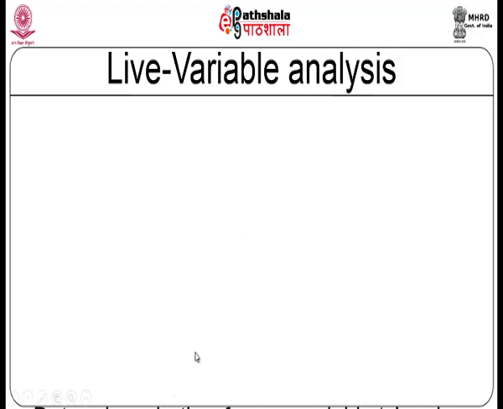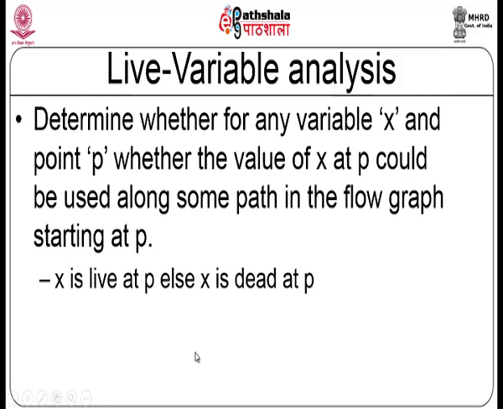The next one is live variable analysis, where we have to find out whether for any variable x and point P, the value of x at point P could be used along some path in the flow graph starting at P. Then x is live at P, else x is assumed to be dead at that particular point P. Now the variable should be living.